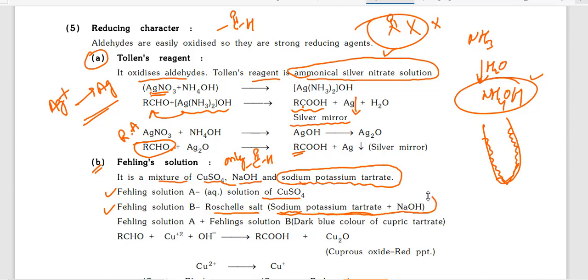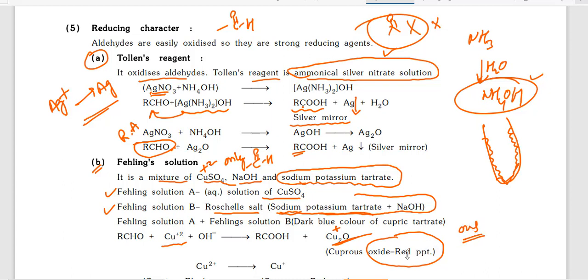Sodium potassium tartrate is taken with NaOH; that is Fehling B. Both Fehling A and Fehling B solutions are added in appropriate quantity. Then the copper plus 2 in the copper sulfate is reduced to copper plus 1, giving a red precipitate of cuprous oxide.